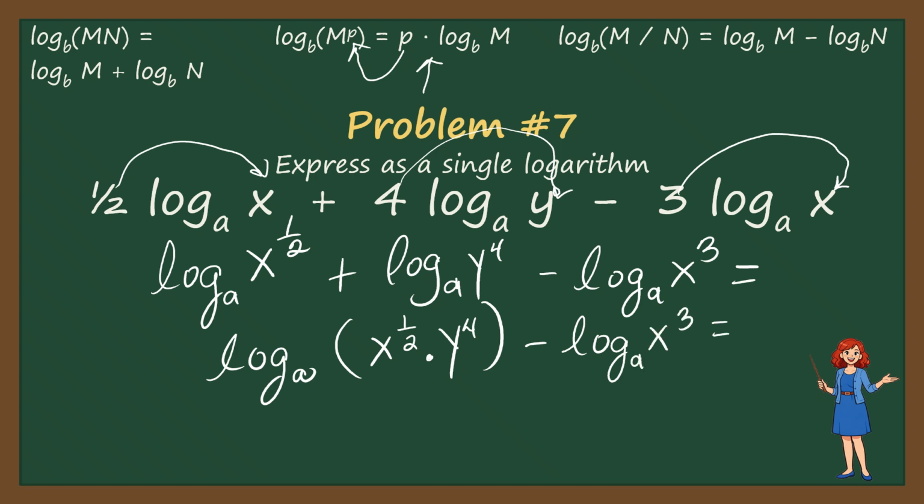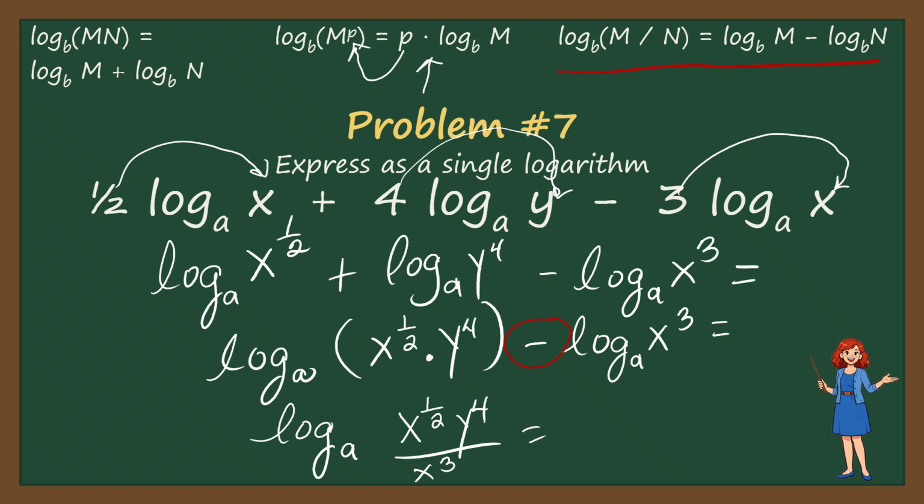Now you can see I only have subtraction, so I have to apply the quotient rule. So I have log base a of x to the 1/2 y to the 4th divided by x to the 3rd.